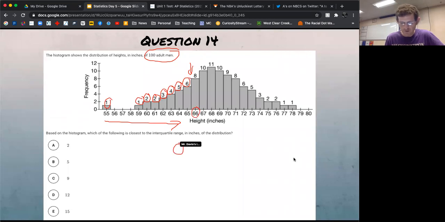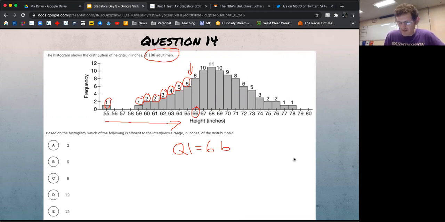So Q1 is 66. I can do the same thing, but counting down from the top to find Q3. It's going to be the 75th percentile, so I want to count down 25. Technically, it would be between the 25th and 26th. We'd average that, but we don't need to worry about it.